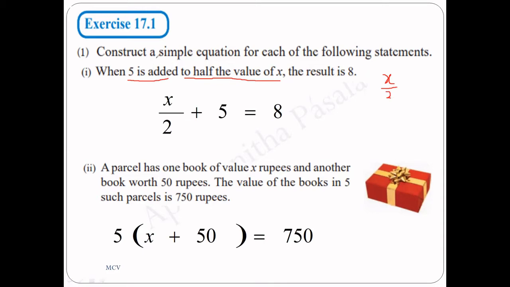So when 5 is added means plus 5. So when 5 is added to half the value of x, that is x over 2 plus 5. The result is 8. Same thing. So you can combine this 8 and x over 2 plus 5 by the equation sign.